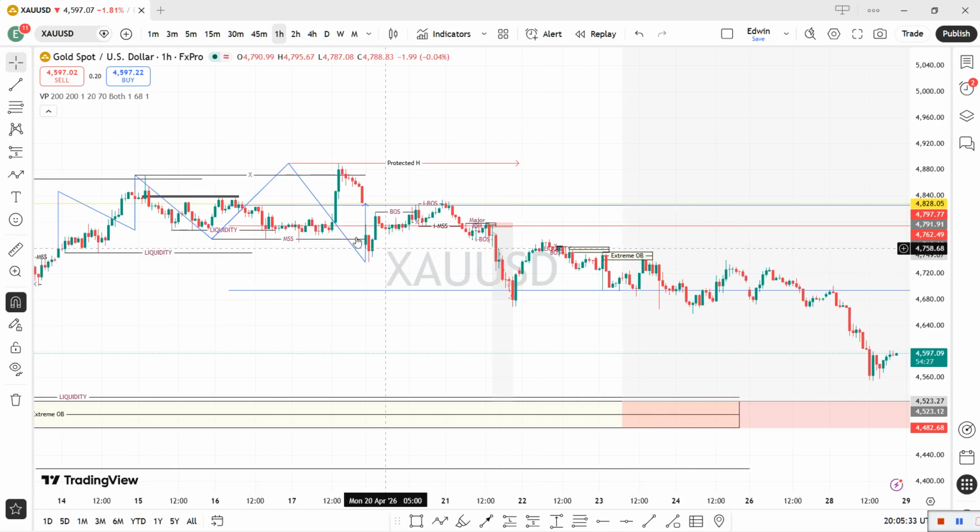On the hourly time frame, you will see that the structure is the same, and this is where the hourly time frame actually broke. You can say this is a market structure shift on the hourly time frame.